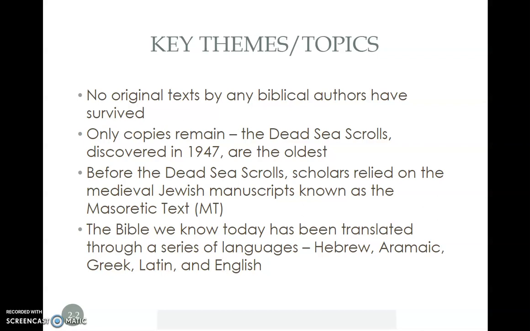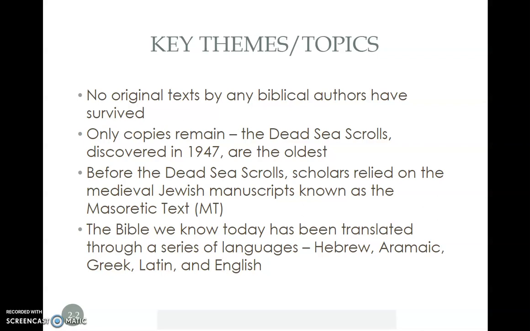Before the Dead Sea Scrolls, scholars relied on the medieval Jewish manuscripts for the Hebrew Bible, known as the Masoretic Text, and we shall talk about that in a second, what that is. The Bible we have today has gone through a number of translations. When it comes to the Old Testament, we speak of Hebrew and Aramaic.